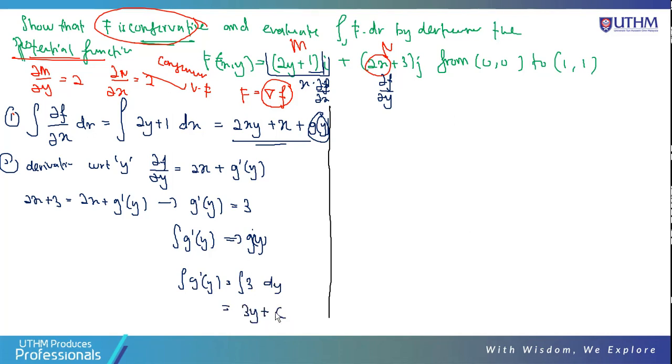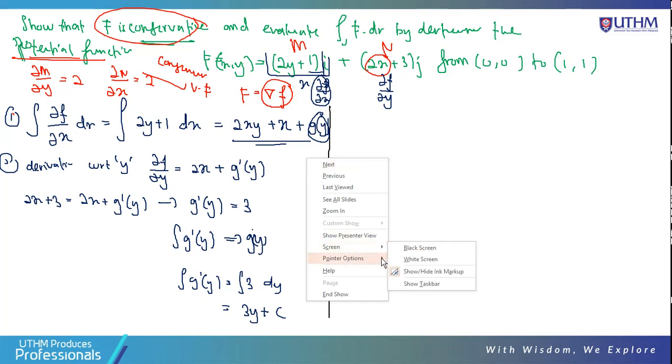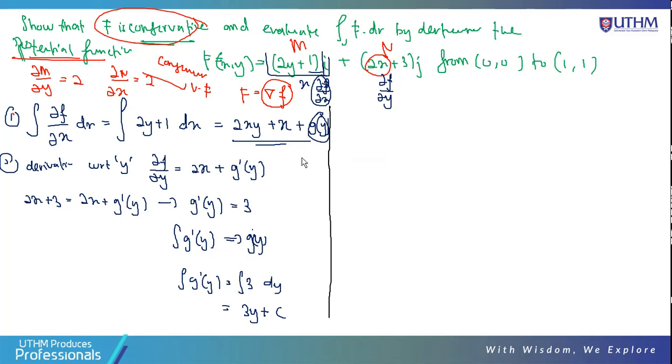This c is the one we keep, this is the real c. The first one is not a constant, it represents another function. So at this step, after you first integrate with respect to x, you check back.